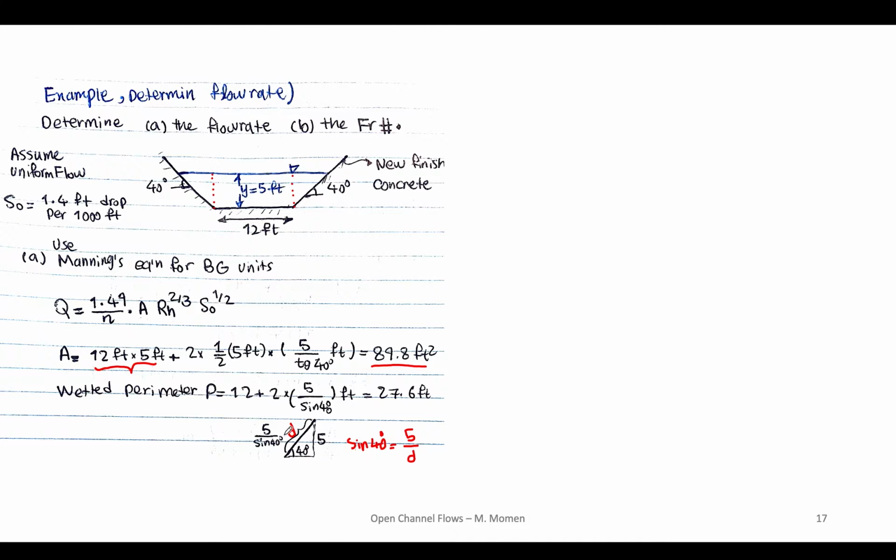So D is going to be 5 over sine 40. So this length here is going to be 5 over sine 40. And then I multiply it by 2 because I have two of these lengths. This is going to give me the total wetted perimeter in this channel, which is 27.6 foot.